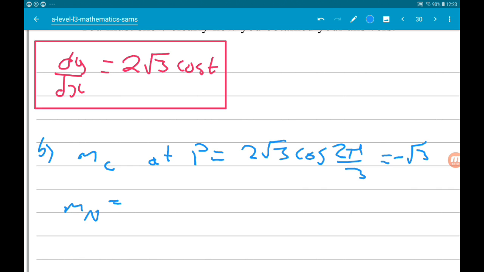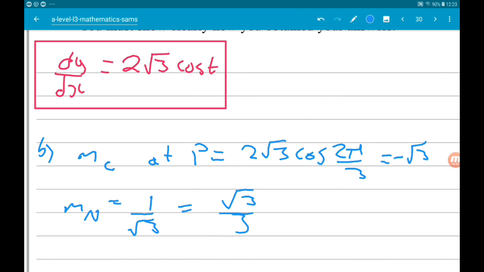So it's positive 1 over root 3, which we can rationalise to root 3 over 3. Okay, so we now know the gradient of the normal. We now need the x and y coordinates.